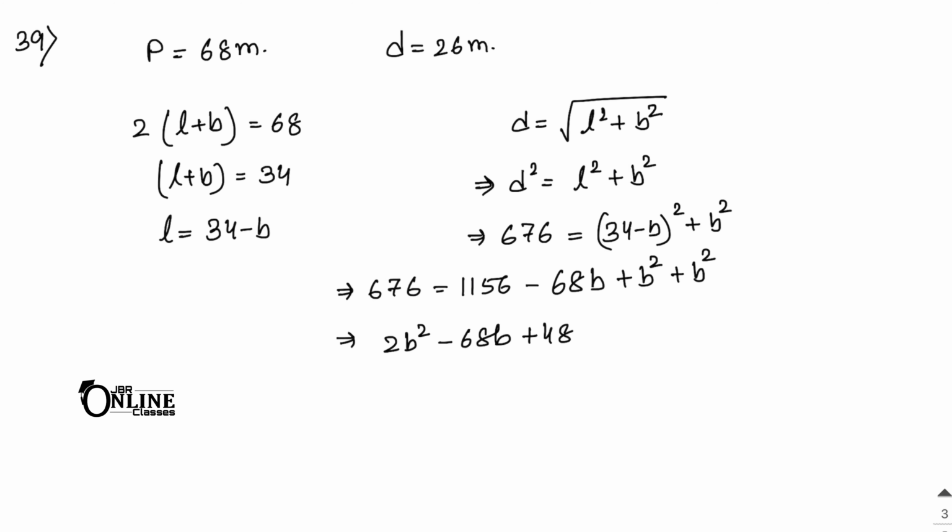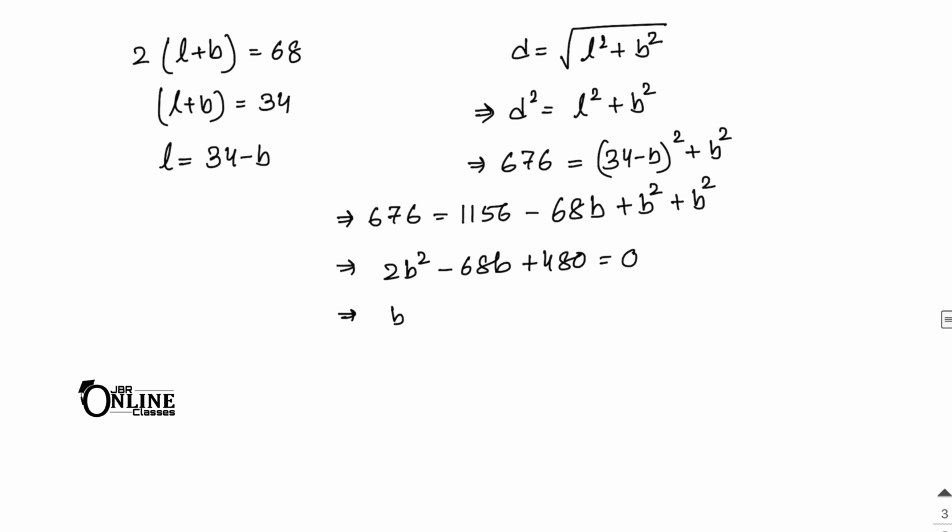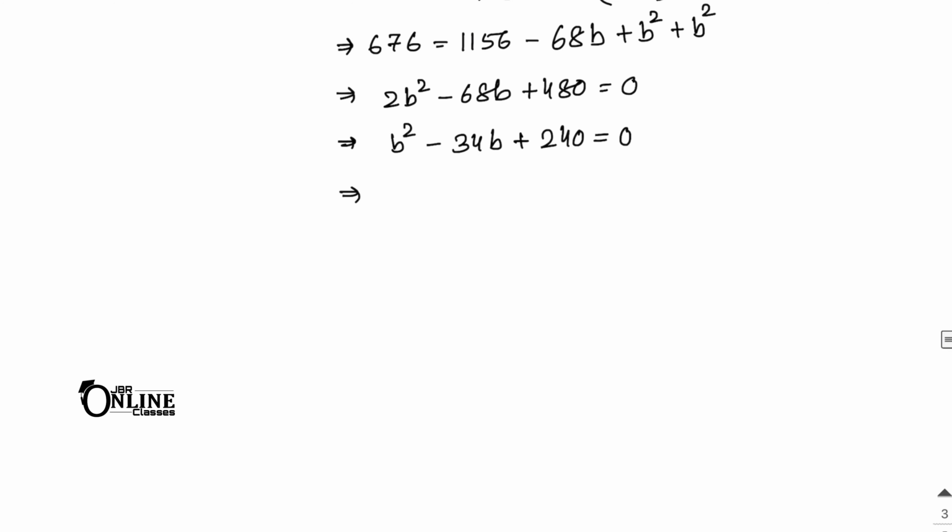So write down here 480. Now here if you take common 2, it becomes B square minus 34B plus 240 equal to 0. So by middle term factorization method, just write down here B minus 10 and next one here B minus 24, equal to 0.